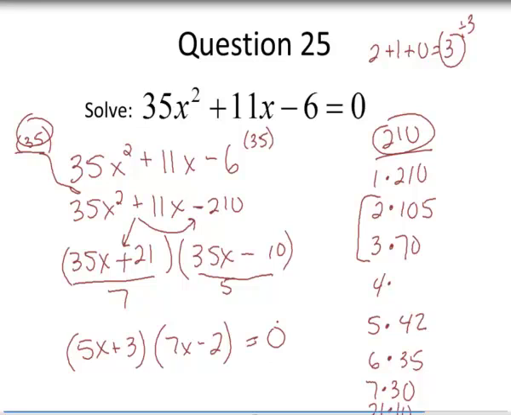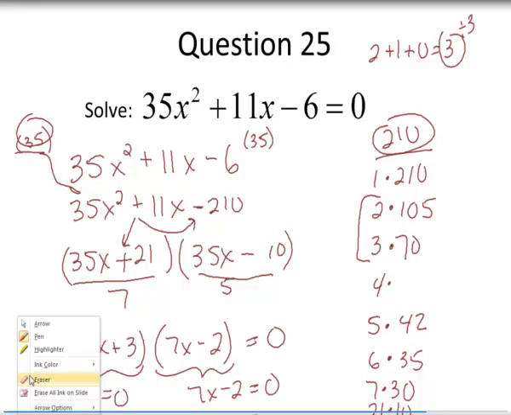Now we have to solve, though. All right. Do we know how to solve for 0? Absolutely. Set this one equal to 0. Set that one equal to 0. Okay. Let's solve that.